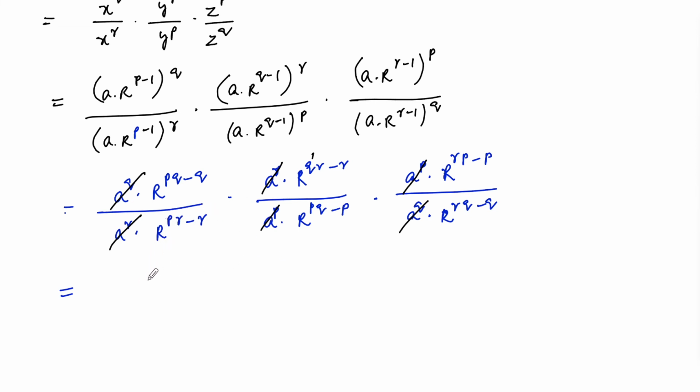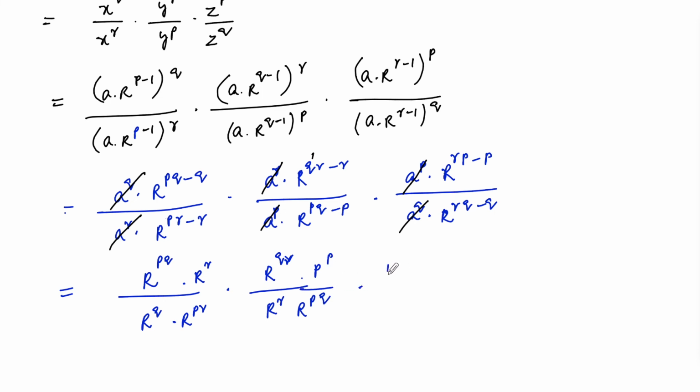And so we can write here R to the power pq upon R to the power q, and again here R to the power pr into R to the power r into R to the power qr upon R to the power r into R to the power pq into R to the power p into R to the power rp upon R to the power p, and again R to the power rq into R to the power q.